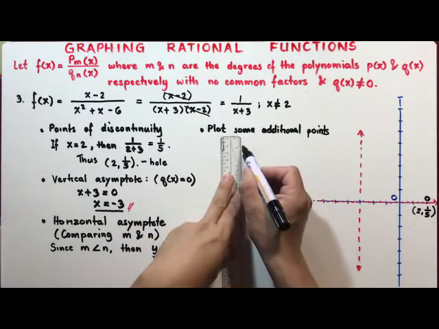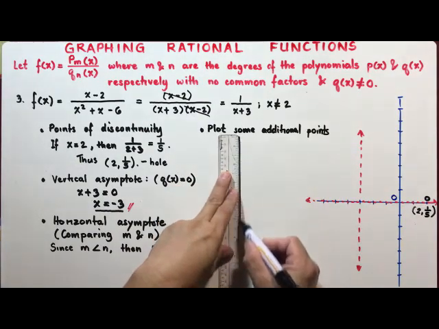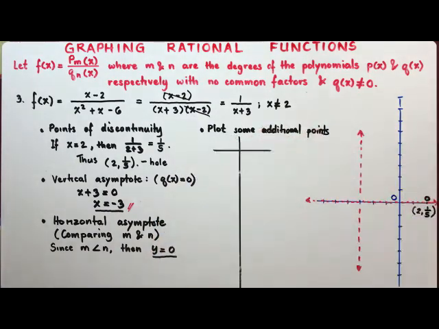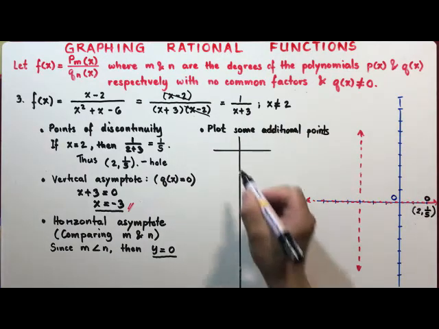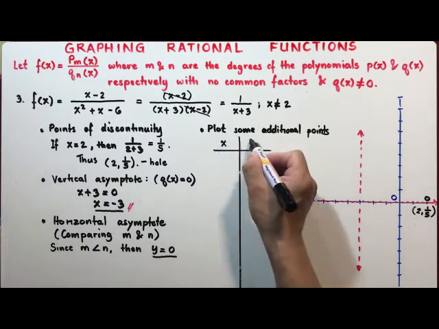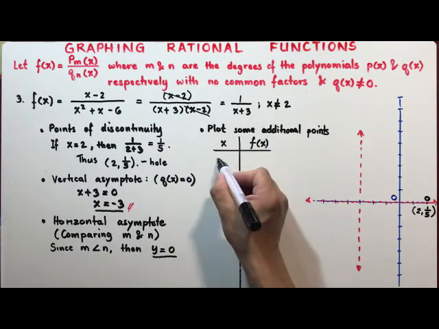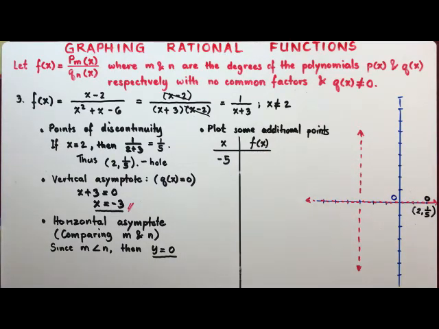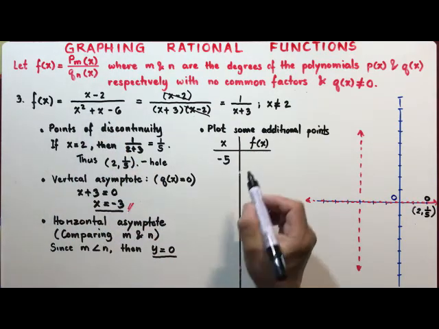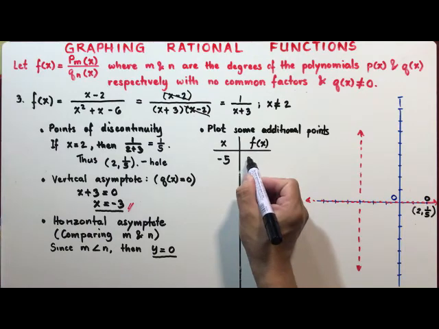So let's have some values of x here so that we will be able to determine the behavior of the function. So we have our x and we have our f of x. When your x is -5, substituting it here, that is -5 minus 2, that is -7.